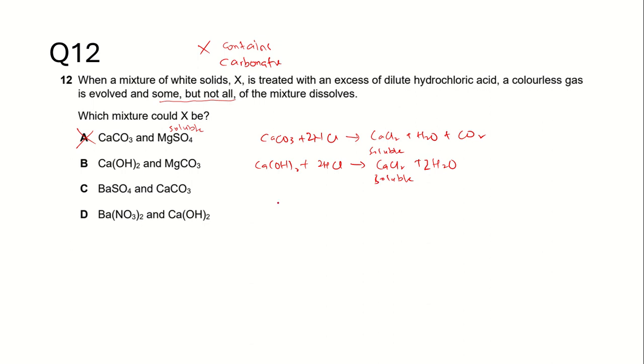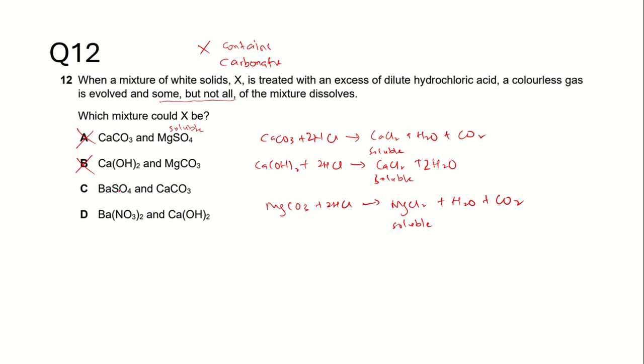Magnesium carbonate reacts with acid to form magnesium chloride, a soluble salt also. So for combination B again, products are all soluble, so it cannot be the answer because we want some of the solids not dissolved.